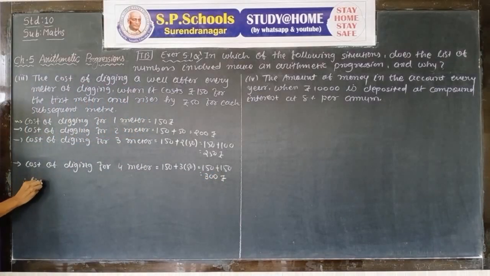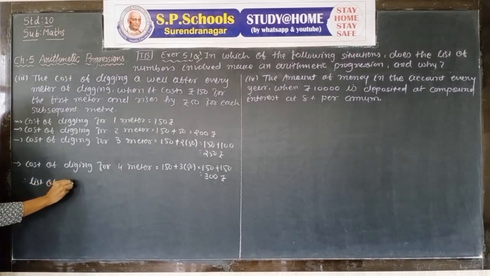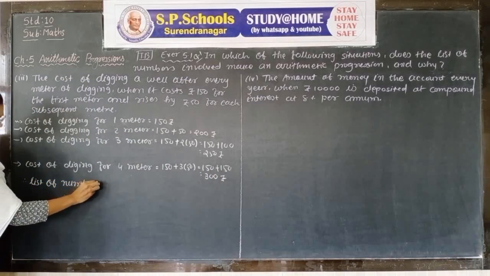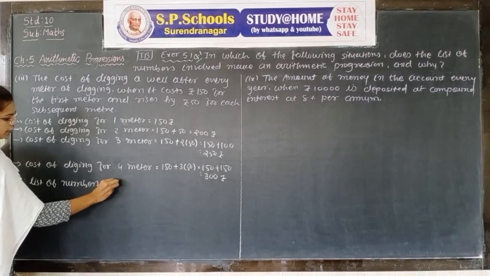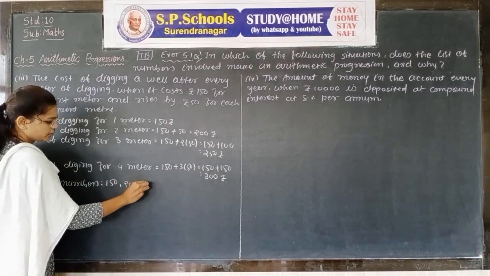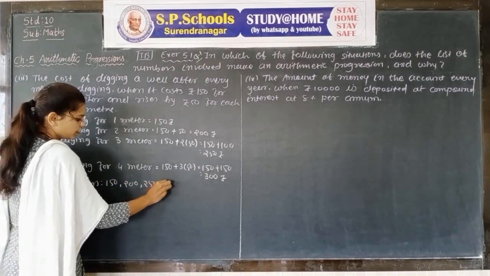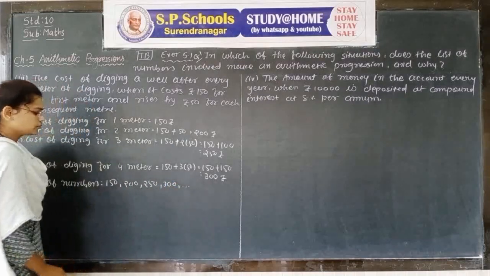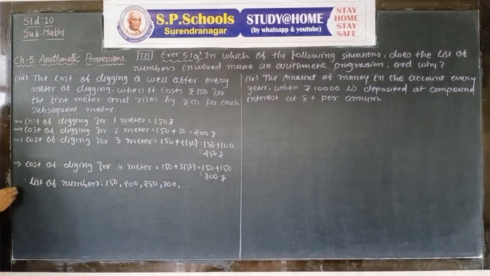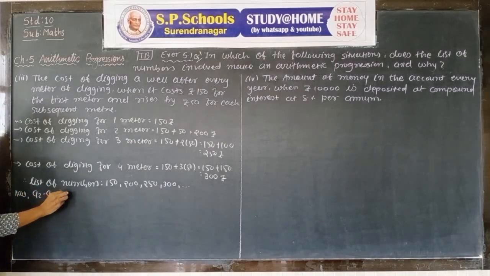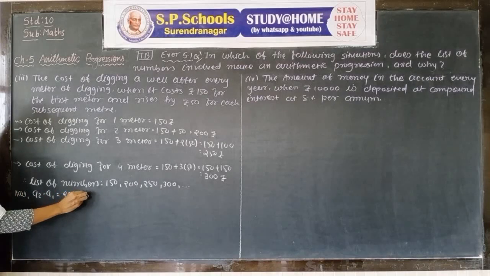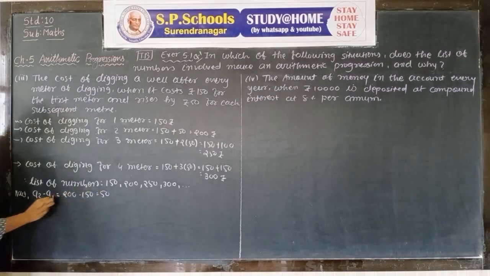Here the list of numbers is obtained. Therefore, the list of numbers is 150, 200, 250, 300, up to infinity. Now we check whether it forms an AP or not using the difference of consecutive terms. A2 minus A1, 200 minus 150, is equal to 50.